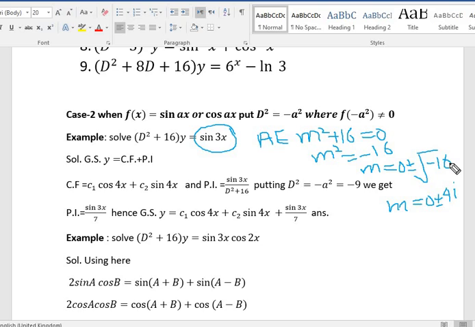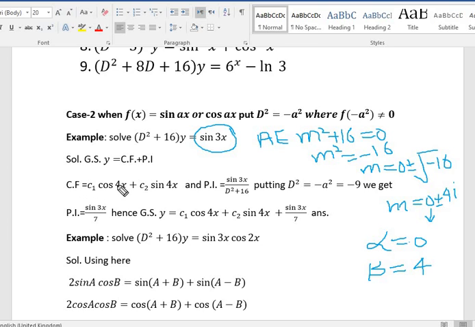Why? Because this is the square root of minus 16. So alpha equals 0 and beta equals 4. Alpha equal to 0 means e power 0, which is 1.